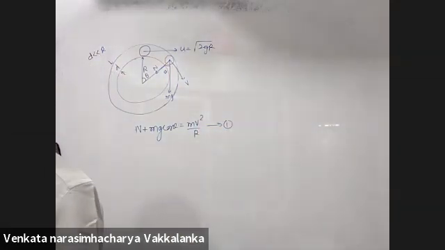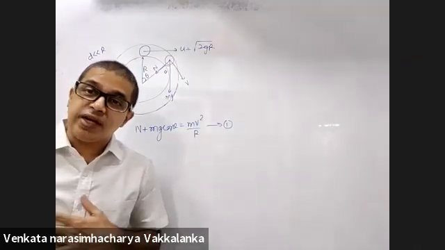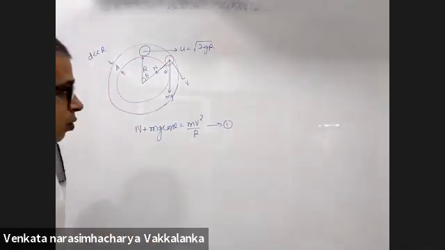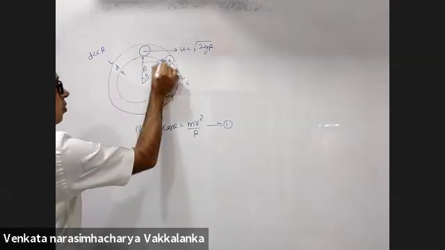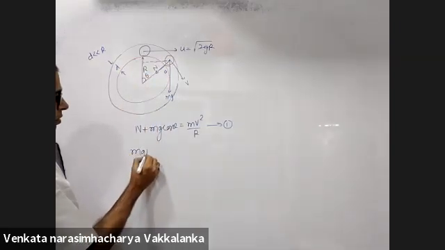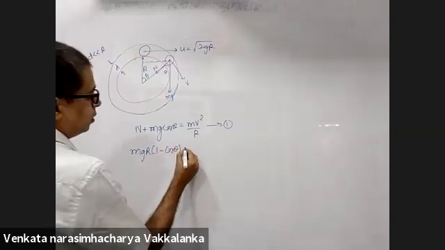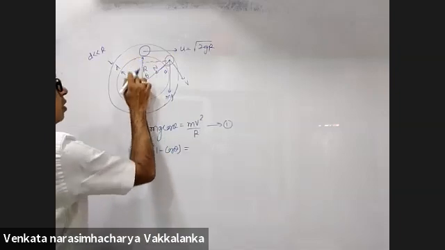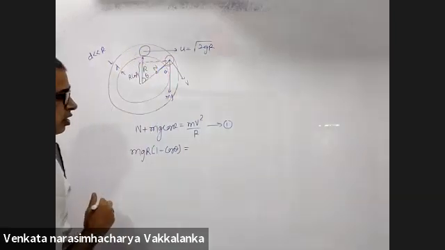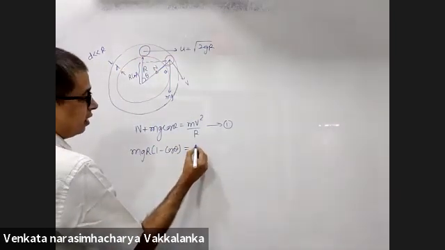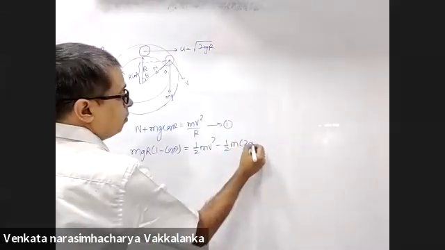In this subtopic, there are only two equations we are continuously using. First, the vector sum of all the forces towards the center of the circular track will provide mv square by r. Second, conservation of energy. Loss in potential energy, mgr into 1 minus cos theta, plus mg r cos theta, should be equal to the gain in kinetic energy, half mv square minus half m 2gr.